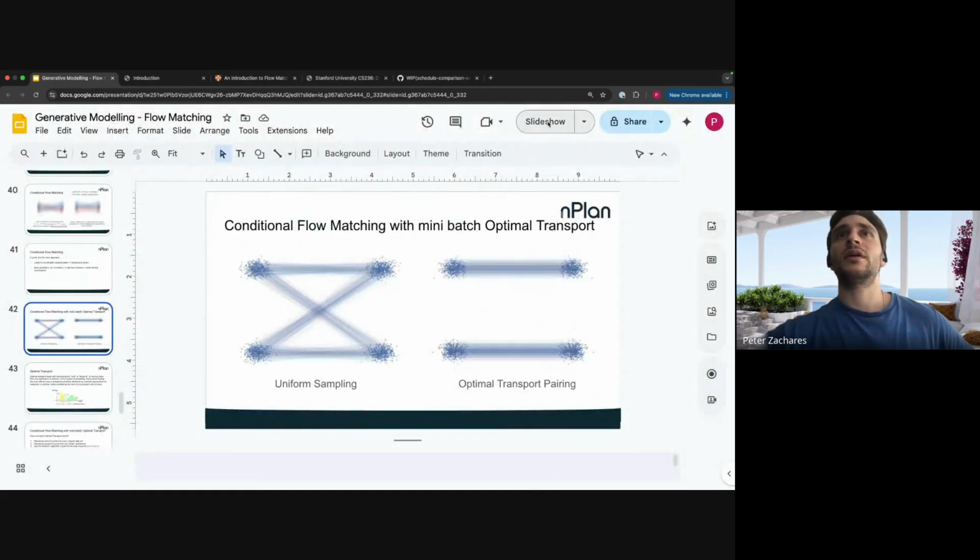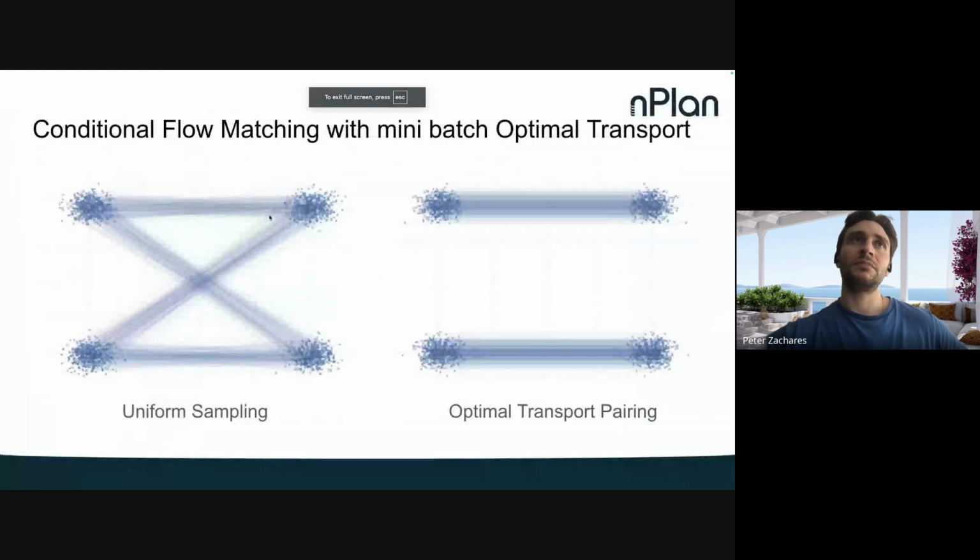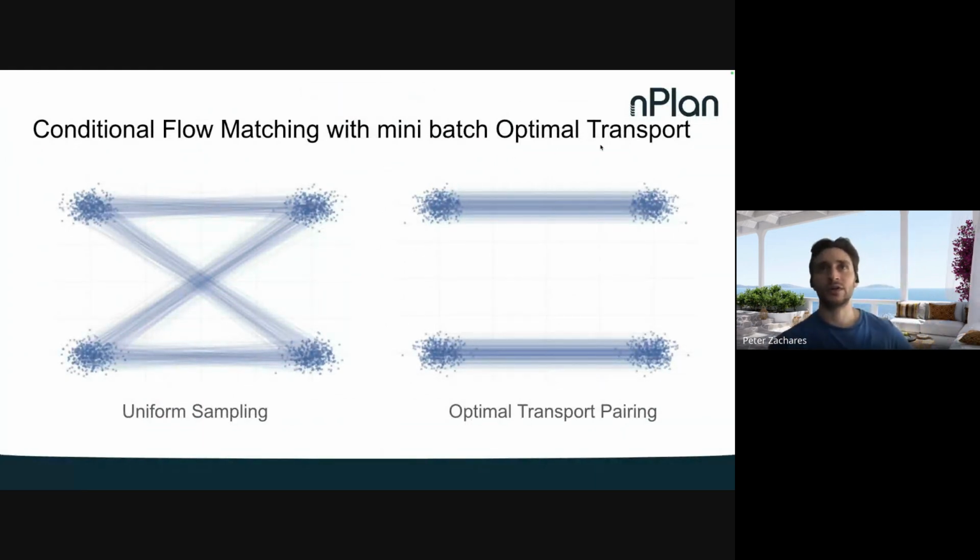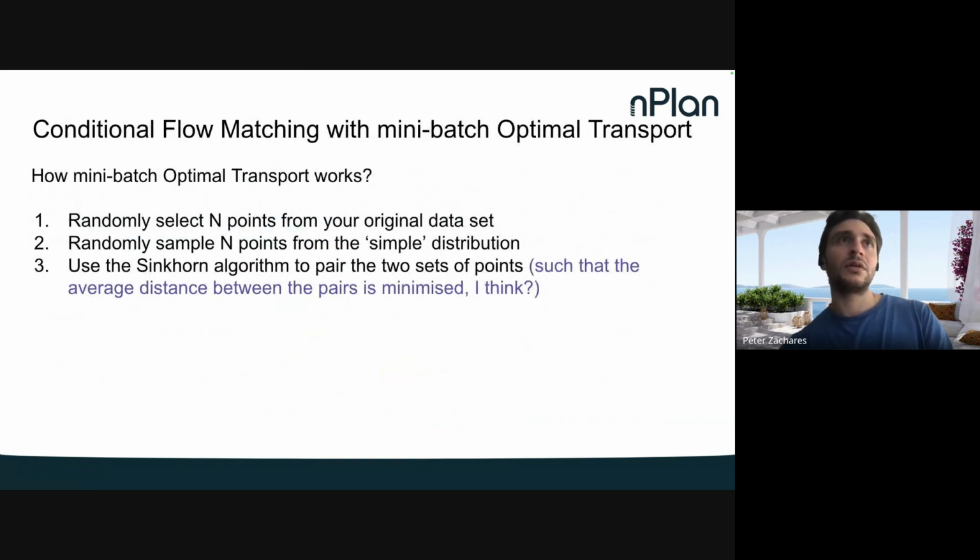And that's where conditional flow matching with mini batch optimal transport comes in. And it's actually super simple. This is the approach that they were describing, and this is with optimal transport. Basically, I have the steps written down here.